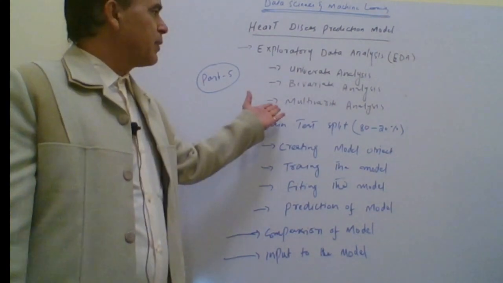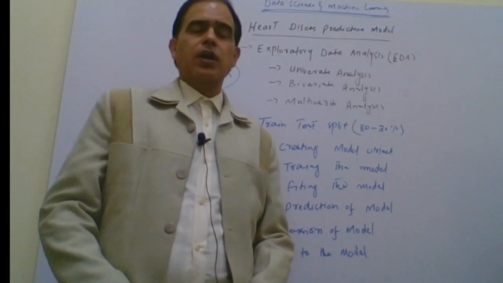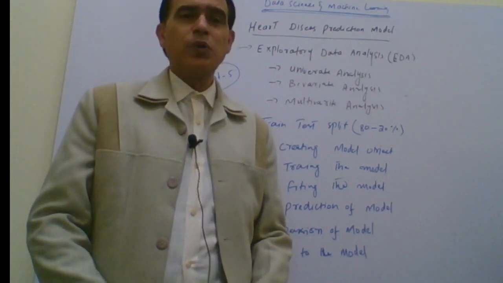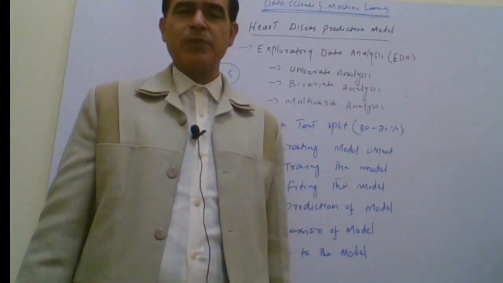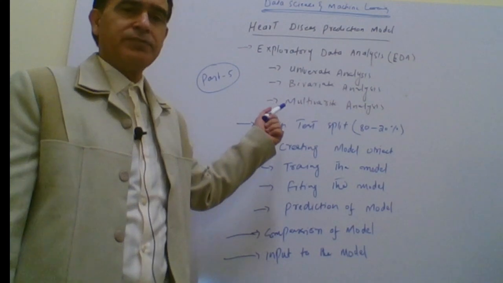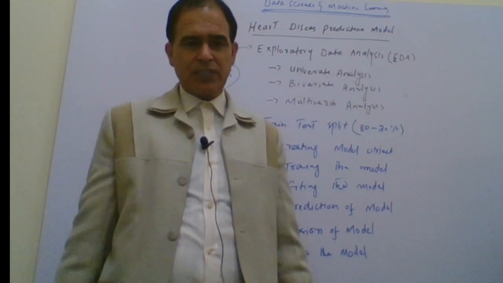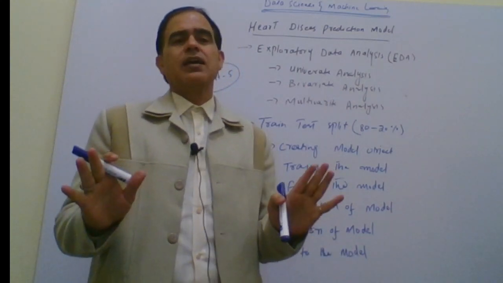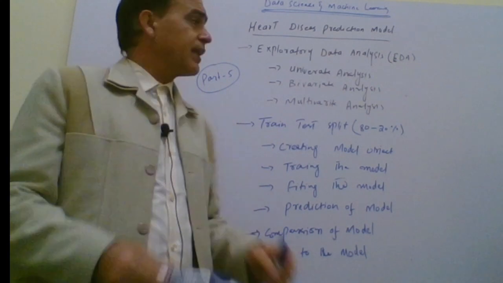Similarly, in part 3, multivariate analysis, we generate a heat map to look at the complete correlations of all the features with respect to the target variable. From there, we find how many features are strongly or positively correlated with the target variable, and how many features are negatively correlated with the target variable.